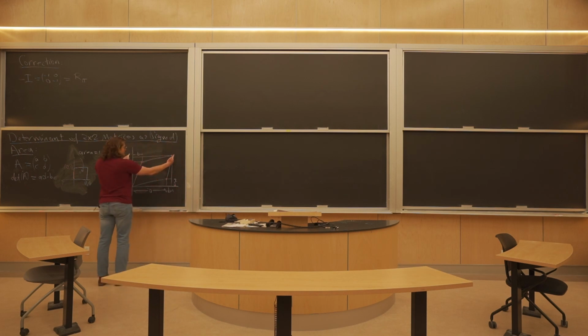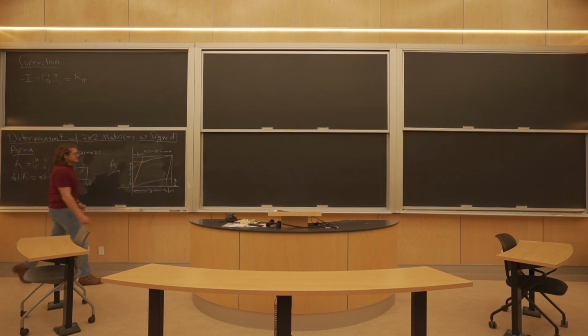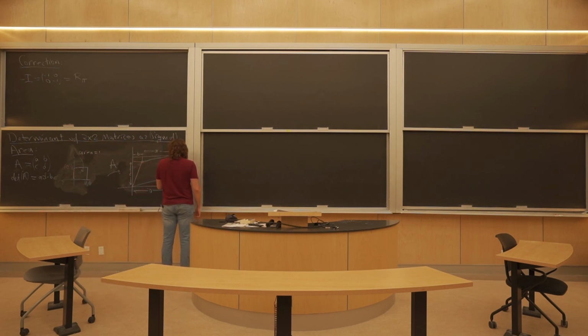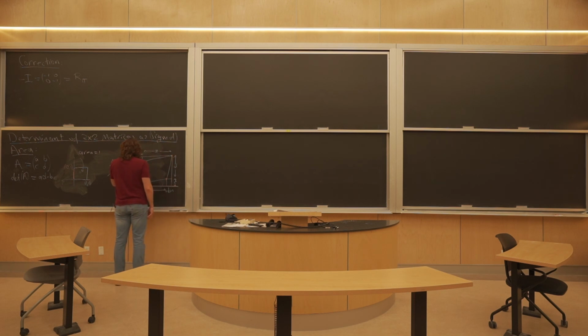And likewise, because this is a plus b, this has to be a. And doing the same thing with the heights, I can say that this length is d and this length is c. So now I have everything I need. Let me put numbers on each of these regions.